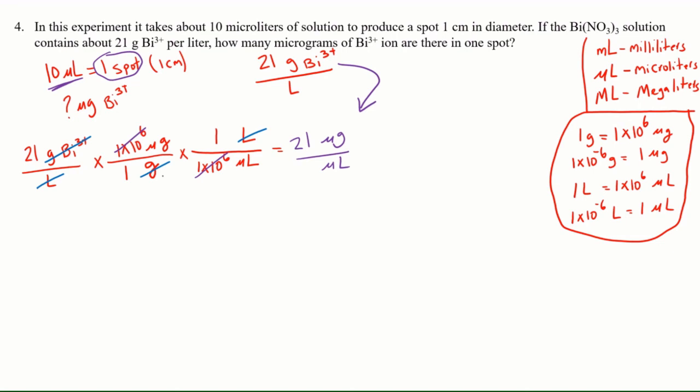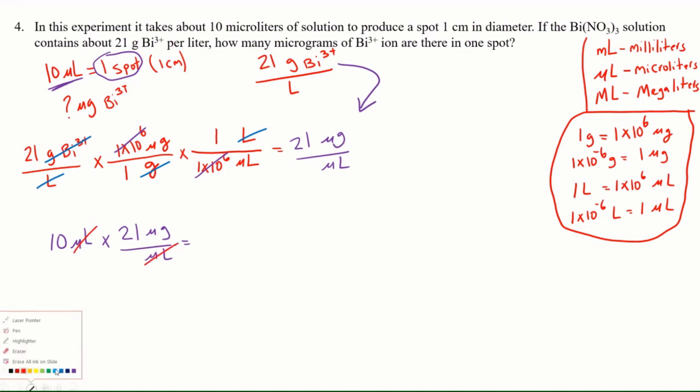So now I can calculate, and if you line up your units, you cannot go wrong. I'm going to say 10 microliters of solution, that's my one spot. My concentration is 21 micrograms per microliter. Now notice, microliters cancel.